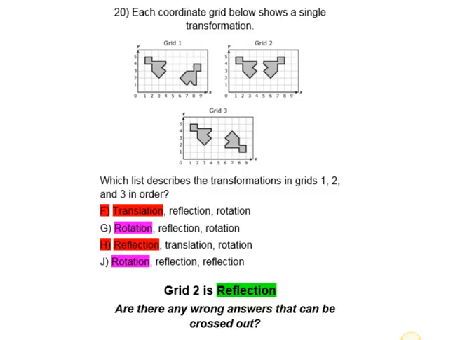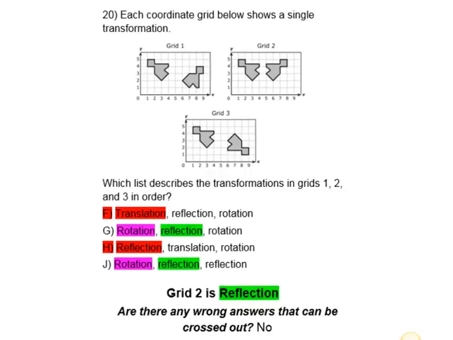Because G is rotation, reflection, rotation, and J is rotation, reflection, reflection. If you said no, you are correct. Both G and J have grid 2 as a reflection, which is okay, but it's always good to check and see if you can cross anything out.